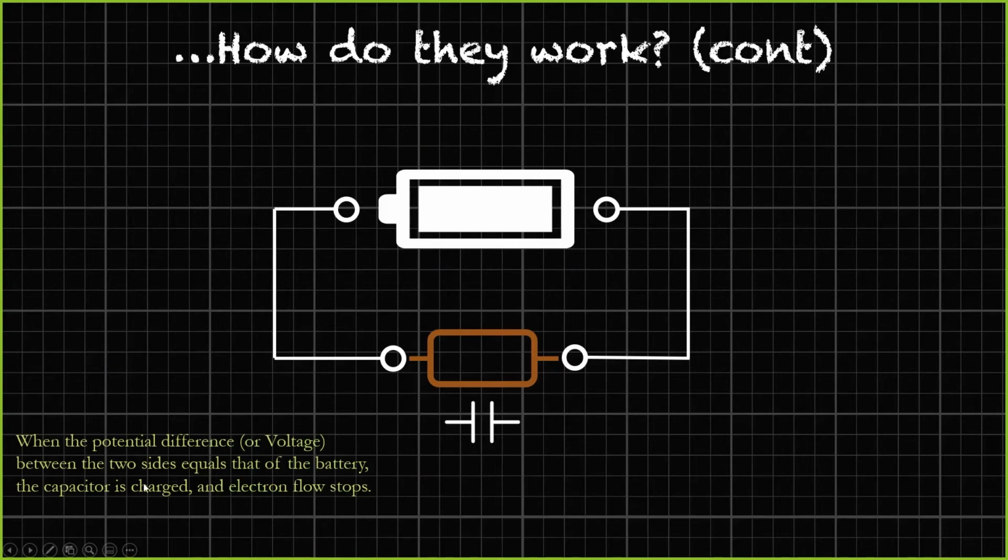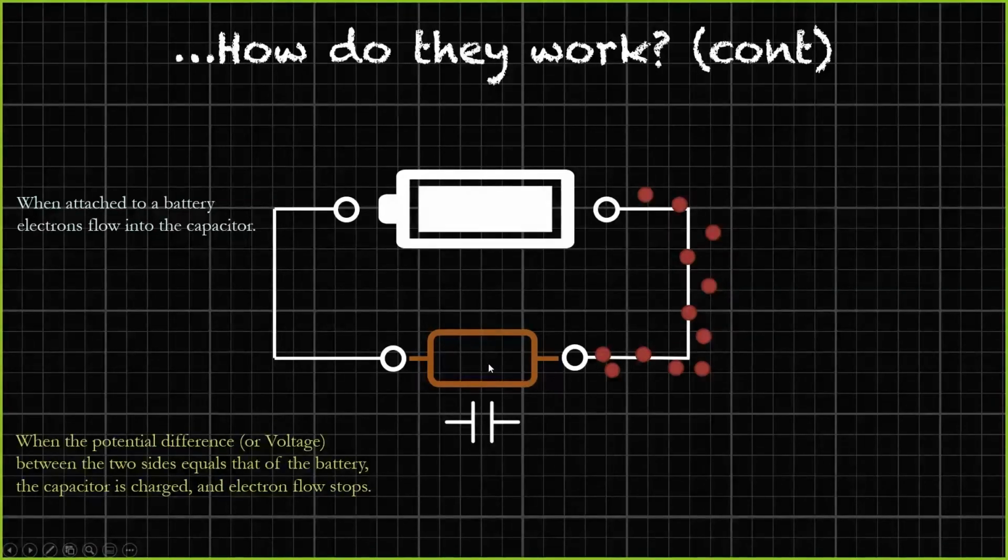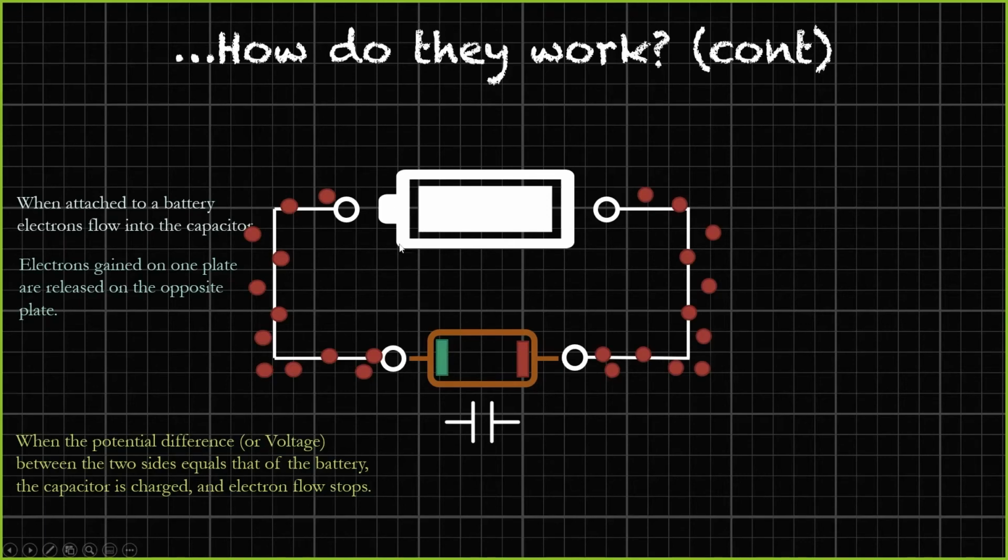That potential difference that we were talking about, the voltage, the opposite sides, one has positive charge carriers. When it's attached to a battery, the electron flows into the capacitor. Electrons gather on one side. Charge carriers can't be connected between the two, and essentially everything in between, that difference between electrons and charge carriers on either side, represents energy in the form of an electrical field.